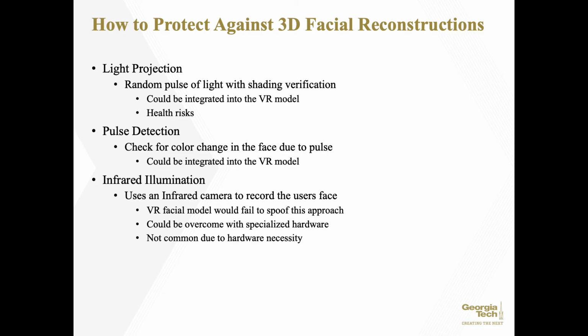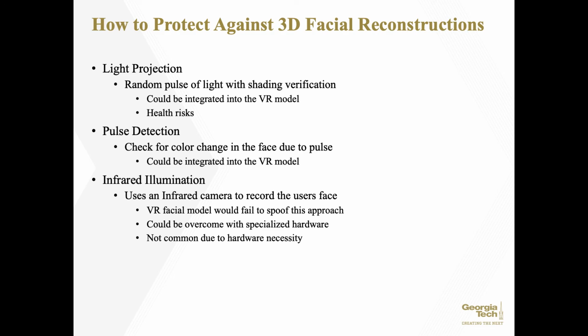However, this can be integrated into the VR system by having hardware built in to detect the light and appropriately shade the VR face in near real time. This requires additional hardware and costs more, which would make it less likely to be used. In addition, there are some potential health risks for individuals with epilepsy, for example.